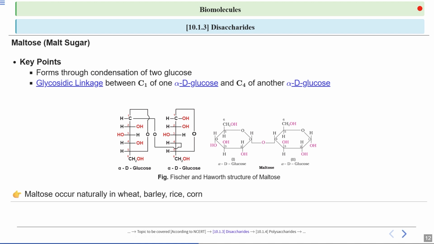Maltose is found naturally in foods like wheat, barley, rice and corn. These grains are a very common source of maltose in a diet, especially after processes like germination or fermentation.